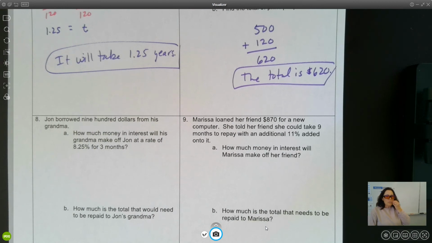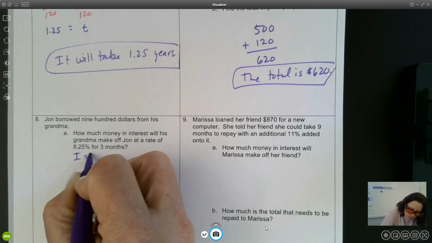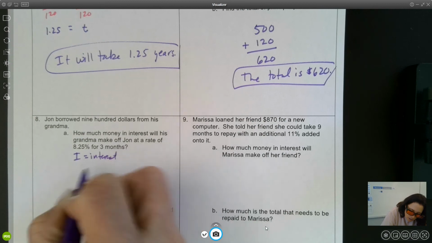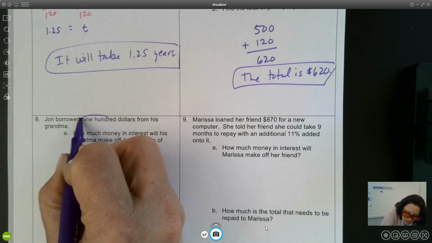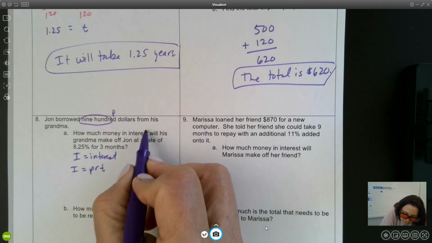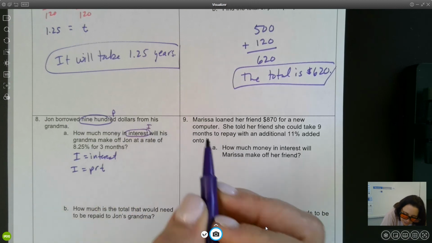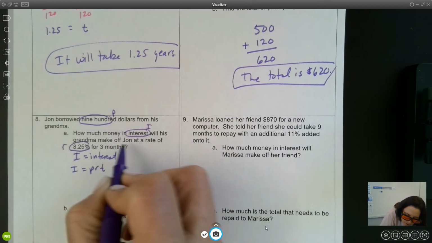Number 8, John borrowed $900 from his grandma. How much money in interest will his grandma make off John at a rate of 8.25% for 3 months? All right, so I equals interest. I equal PRT. 900 is the P. Interest is the I. This is the rate, and this is the time.